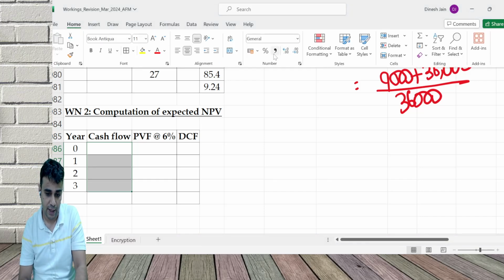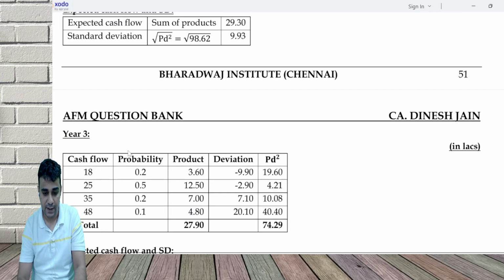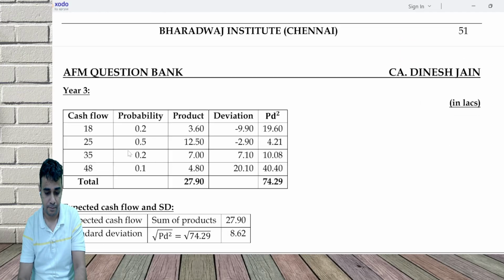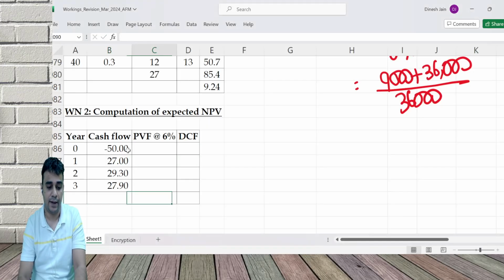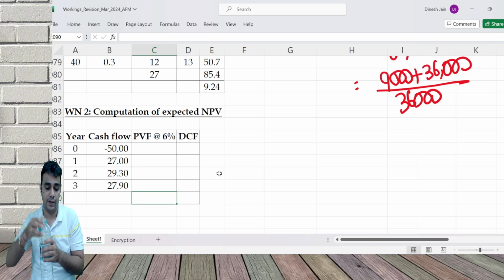What is the year 0 cash flow? Negative 50. First year is 27, 29.3 and 27.9. These are the numbers. Negative 50, 27, 29.3 and 27.9.